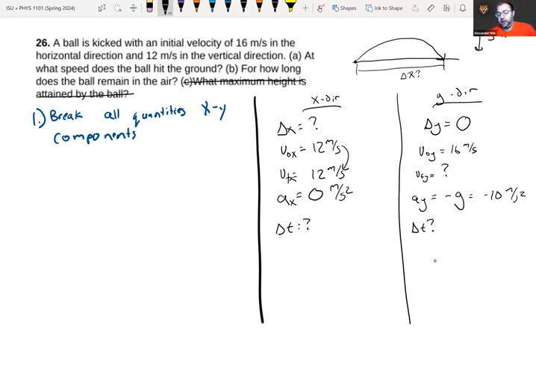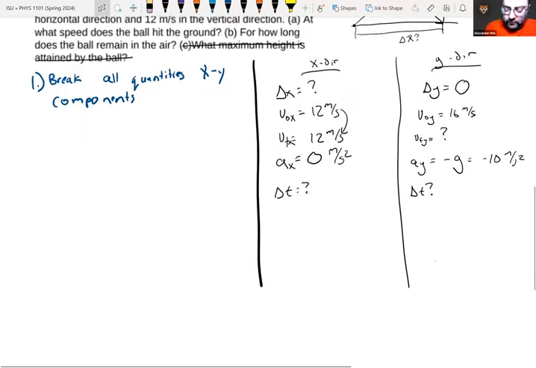Now, here is the thing. What we have here, we kind of sort of have three things in the x direction, and maybe this is enough to get us delta x, but it turns out it's not, because the equation we would use would be v final x squared equals 2a delta x plus v initial x squared.